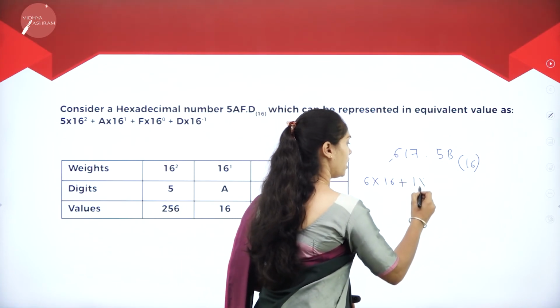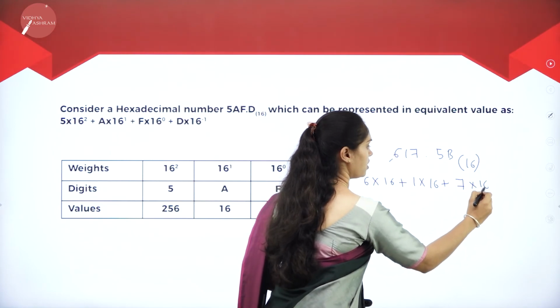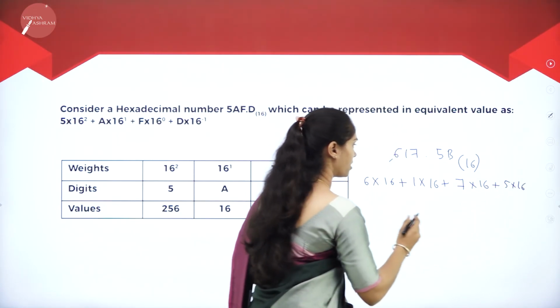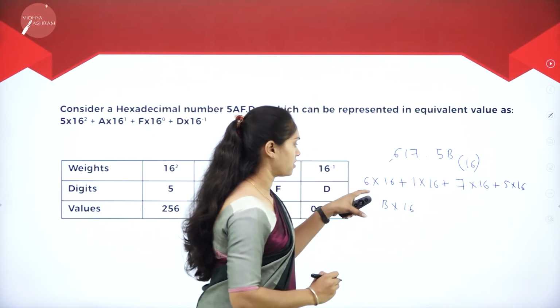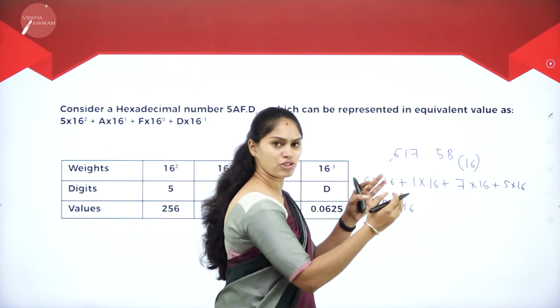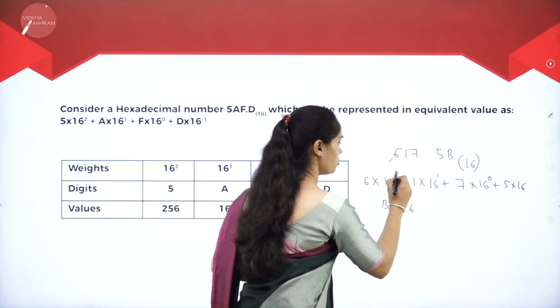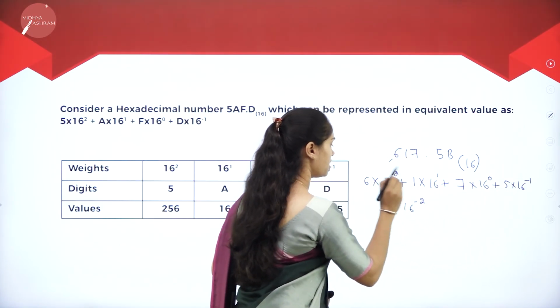So 1 into 16 plus 7 into 16 plus then 5 into 16, and let me write in the next line, B into 16. Now we have to give the weights from this position: 0, 1, 2 and up to that side minus 1, and this is minus 2.